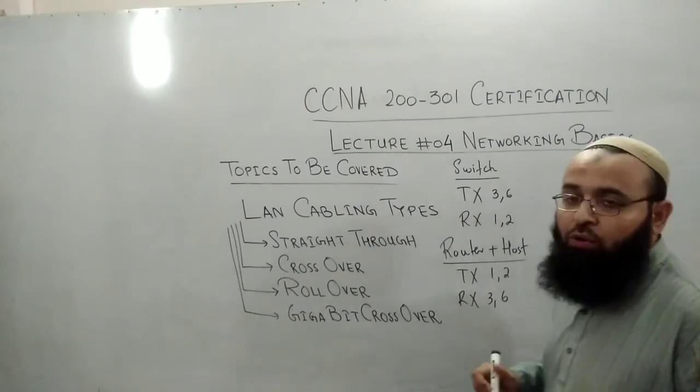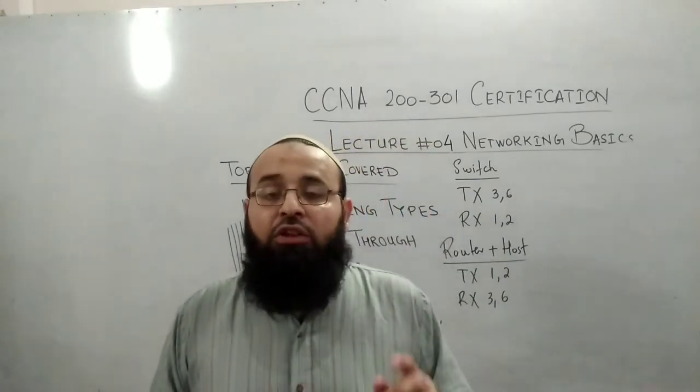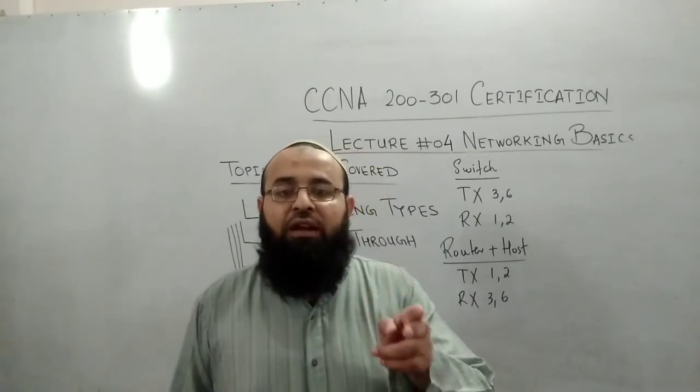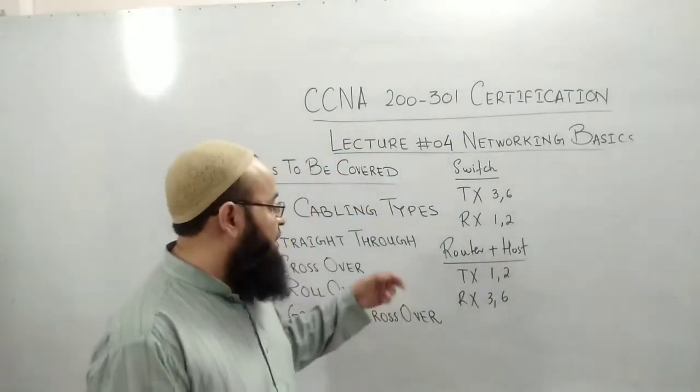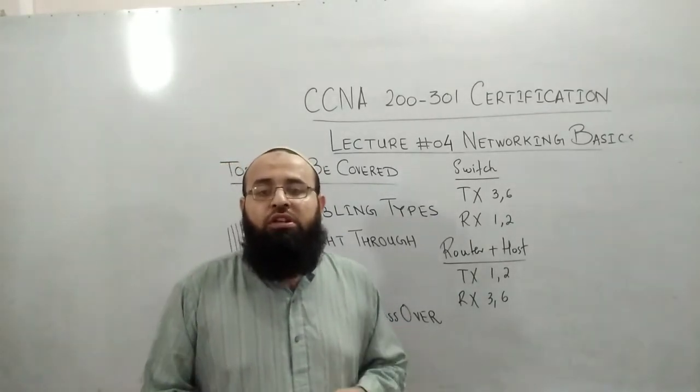So if you have a router LAN port connected to the other router's LAN port, then you cannot use a straight through cable, because the first router will transmit at pin number 1 and 2 and the other router will also transmit at pin 1 and 2, and what will happen, there will be collision of data.